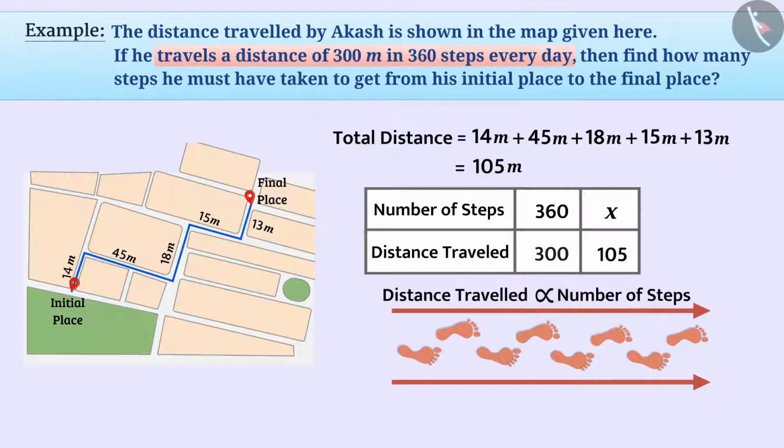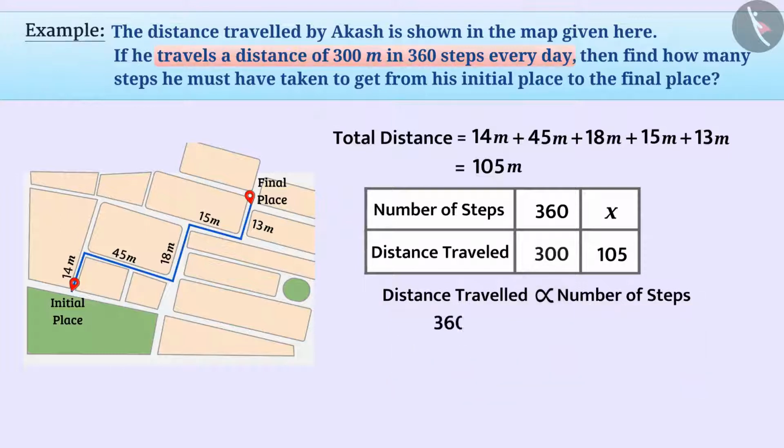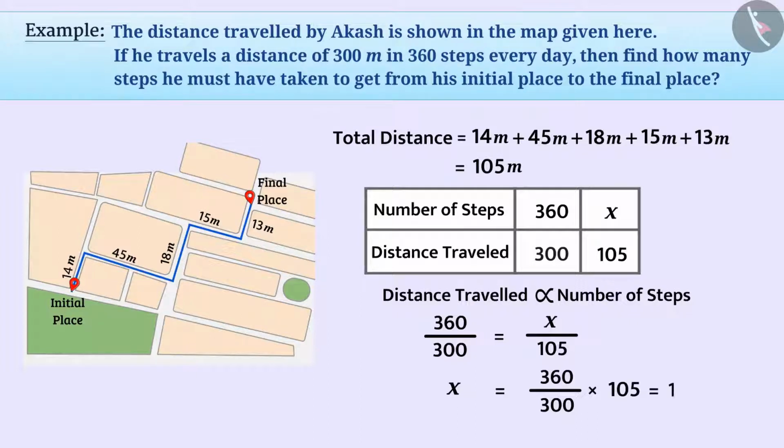Therefore, we say that 360 by 300 is equal to x by 105, which means x is equal to 360 by 300 multiplied by 105 steps, which is equal to 126 steps. Therefore, Akash must have travelled 126 steps from his initial place to his final location.